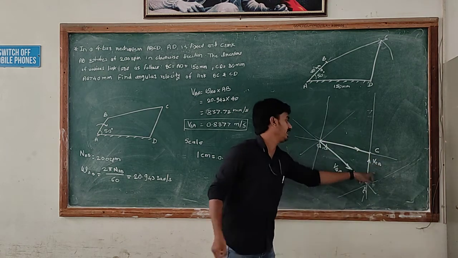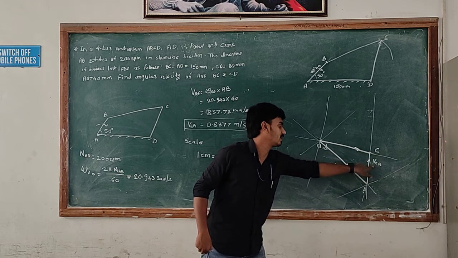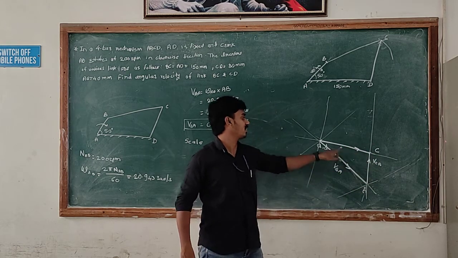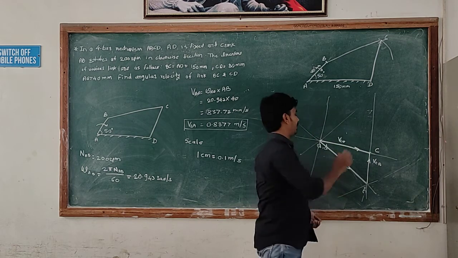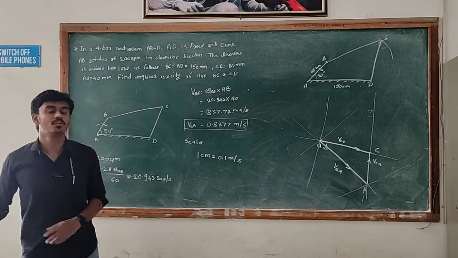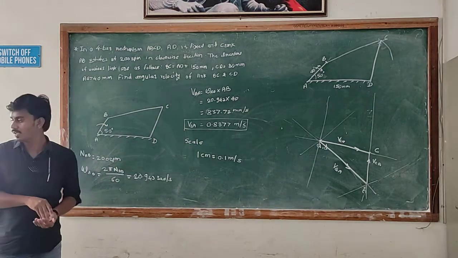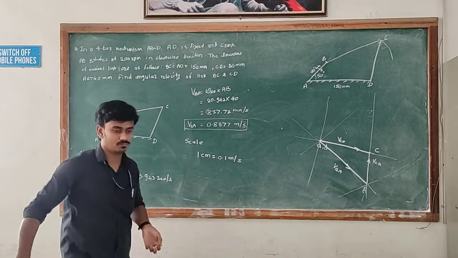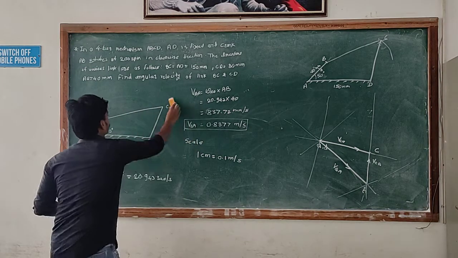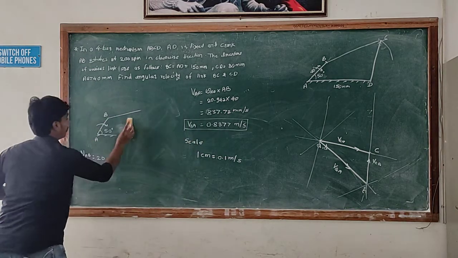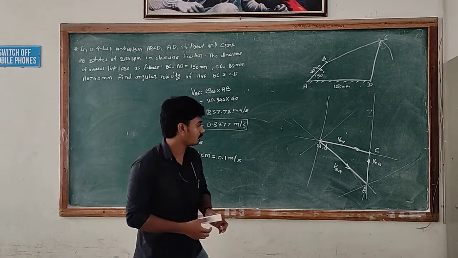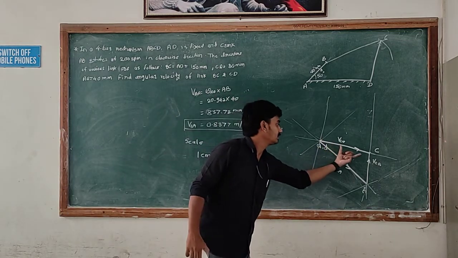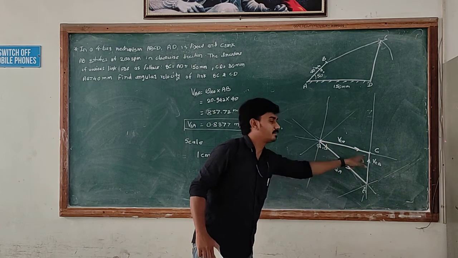This is the velocity of the point C with respect to point B in this direction, and this is the velocity of the point C with respect to D. Now measure this distance by using a scale.